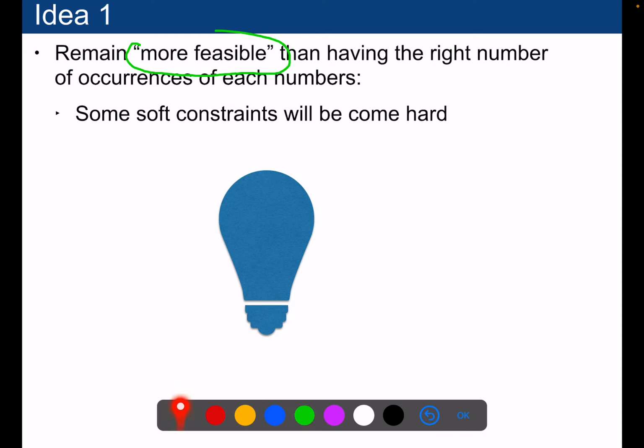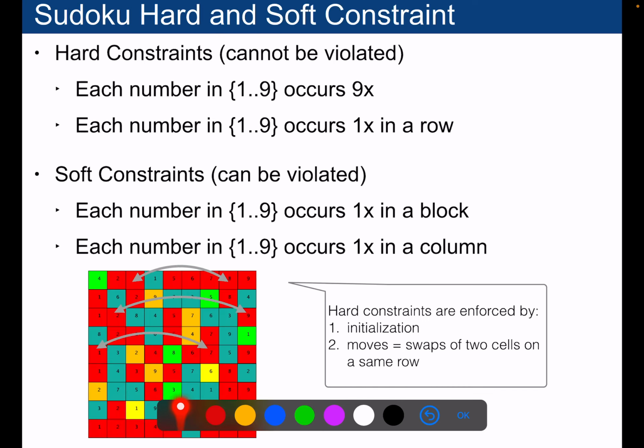And usually we will do that by taking some soft constraints and putting them as hard constraints. So this will be the new hard constraint that we will add, okay, this one. We will also maintain that we have a permutation on every row, okay? And so this will be true at the beginning and it will remain true along the moves.